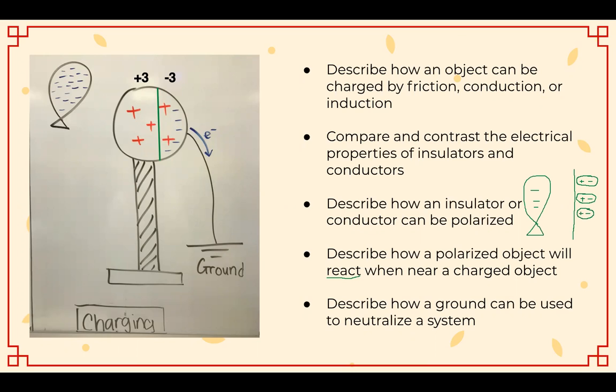If you look at the picture here, the sphere has a positive charge on the left, so the sphere is attracted to the balloon. The negative charge does cause repelling, but it's smaller because it's farther away. So a polarized object always causes attraction because it's closer to the charged object.